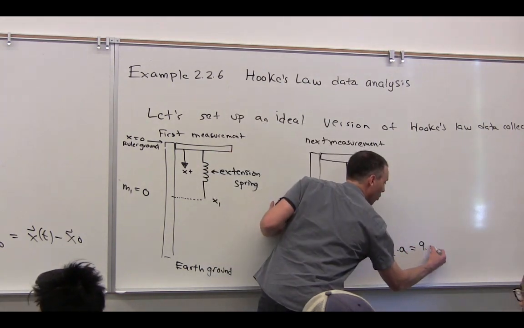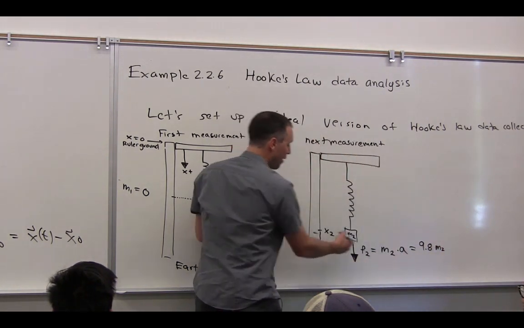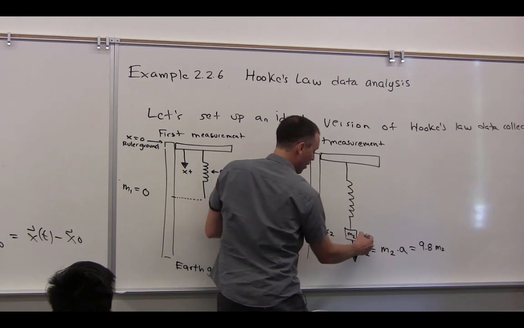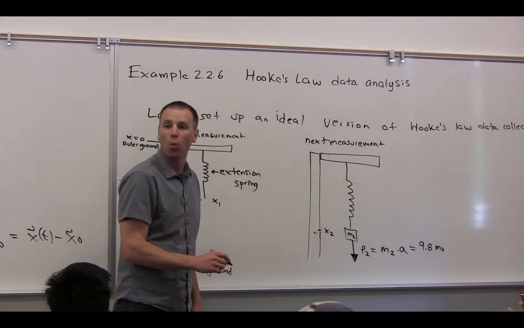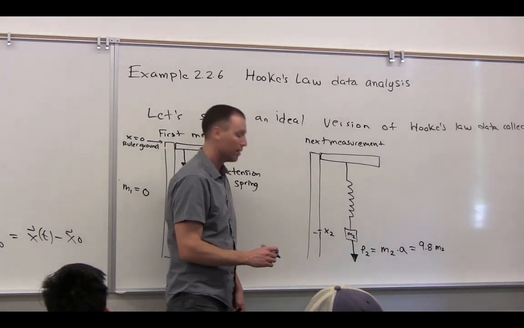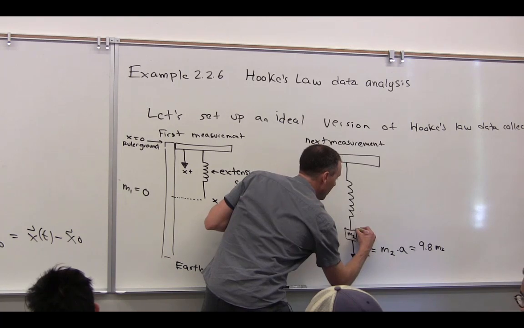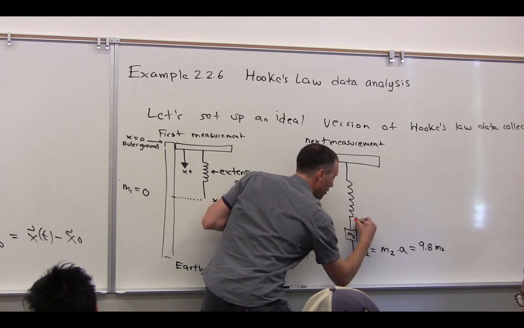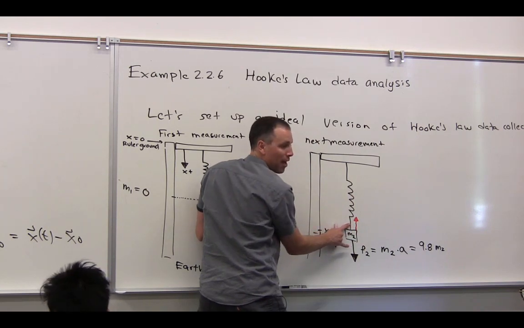So this is 9.8 times m2. If this mass is not moving, what does that mean? It must mean that there's an equivalent force going upwards, and these two forces together cancel out.